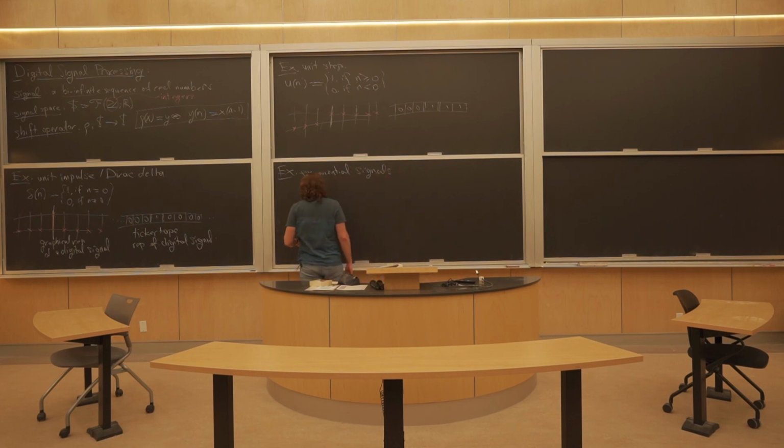And so, for instance, let's consider this. E of n, let's say, powers of 2. So it's going to be 2 to the n. Okay? So let me try to be a little bit more clear. So this is my time 0.